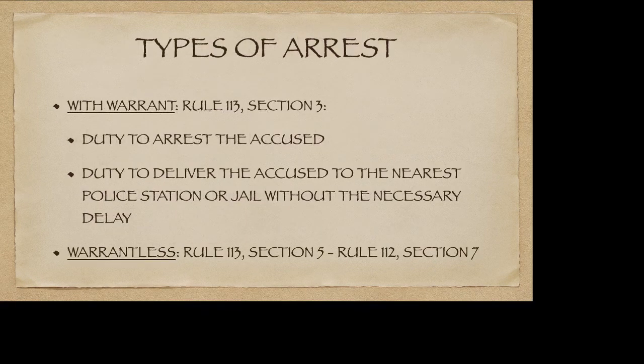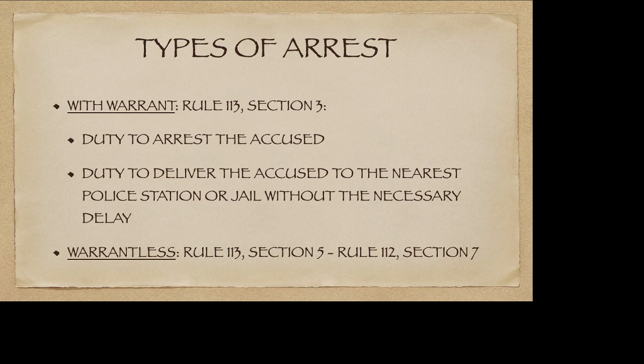Now, there are two types of arrest: the one with a warrant and the one without a warrant. The one with a warrant is actually a document, a warrant of arrest issued by the court. In Rule 112 on preliminary investigation, which we will discuss later, we will see how the warrant of arrest is issued by the judge and the underlying circumstances in its issuance.